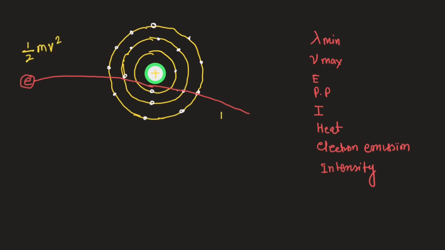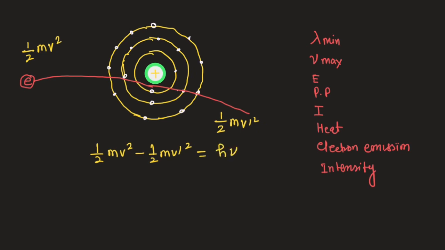After passing through, the energy will become half mv dash square. So whatever loss in energy there is, that creates X-ray, that creates a photon. And the energy of that photon we can write this way: half mv square minus half mv dash square is equal to h nu.